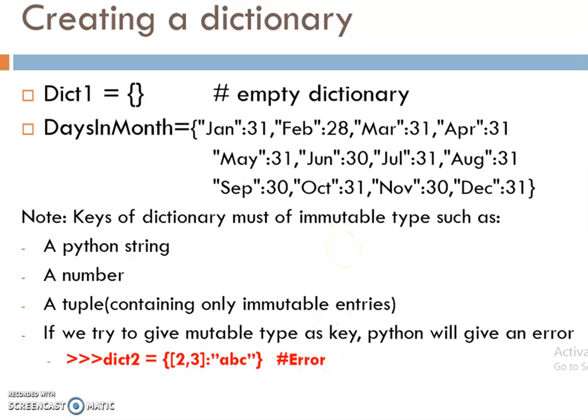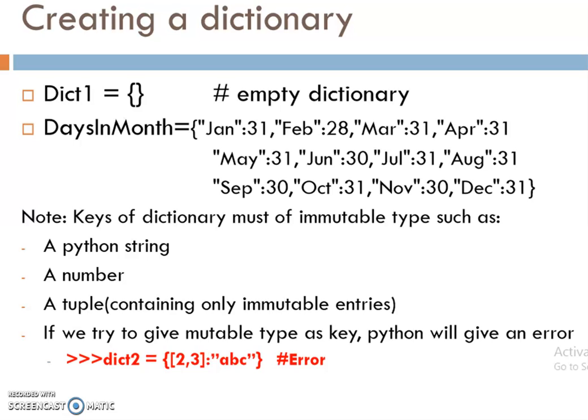Then keys of a dictionary must be of immutable type, such as a Python string, a number, or a tuple containing only immutable entries. If we try to give a mutable type as key, Python will give an error.